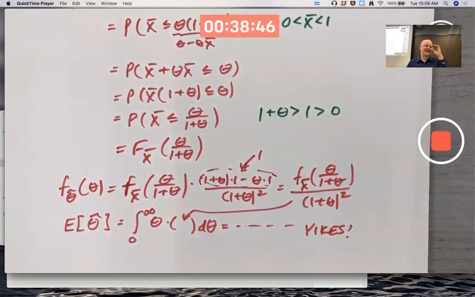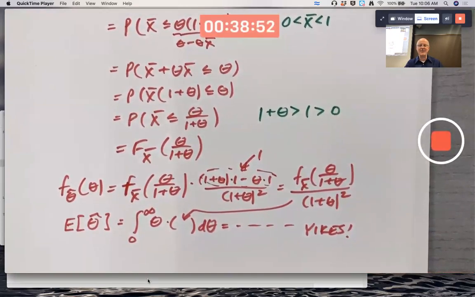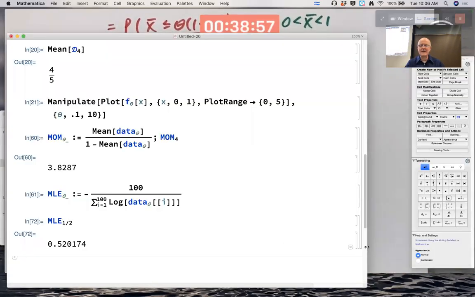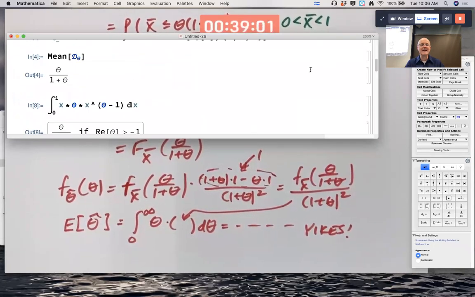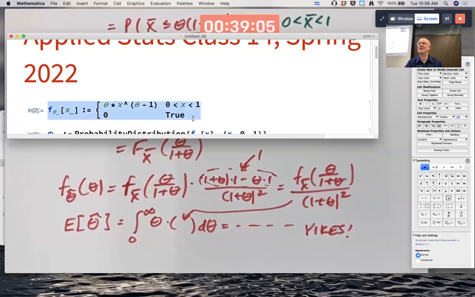And that's where Mathematica kind of astonished me. Even when F sub theta was entered in a piecewise way, like it was here, Mathematica was able to give me hope that this PDF could be found.